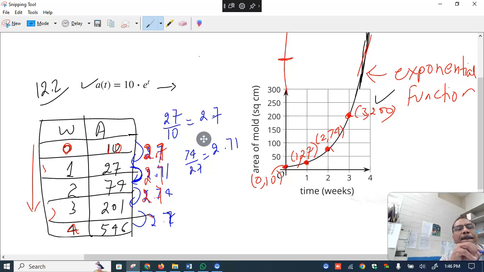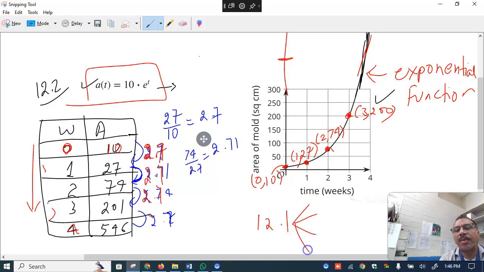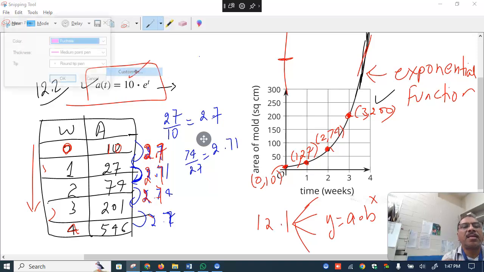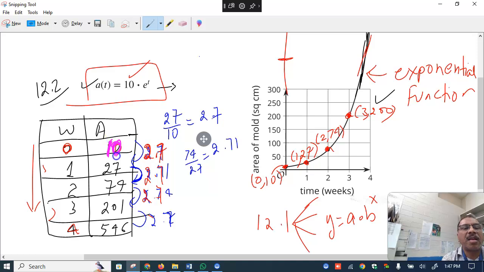Now check the equation. In the equation you see there is a 10. The 12.1 that we did was so that we would be able to do this. In 12.1, there were 4 descriptions, and for each of these, we tried to use a times b raised to x. And this is what the 10 is right here.